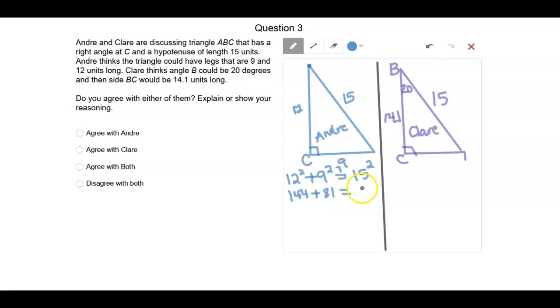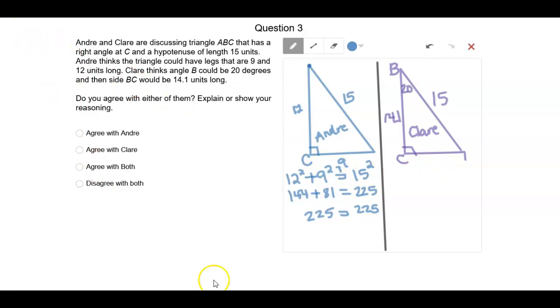And 15 squared is 225. If we add 144 and 81 together, that gives us 225, which is equal to 225. So it looks like Andre is actually onto something.